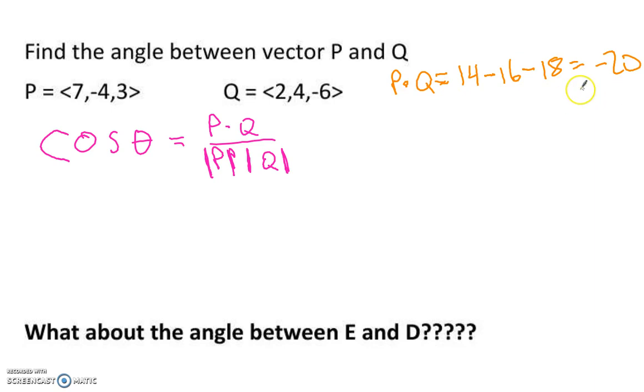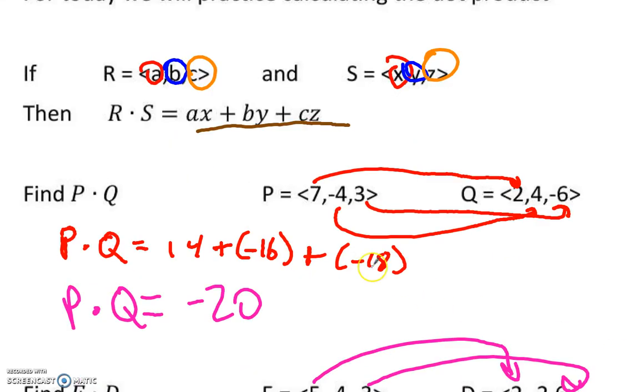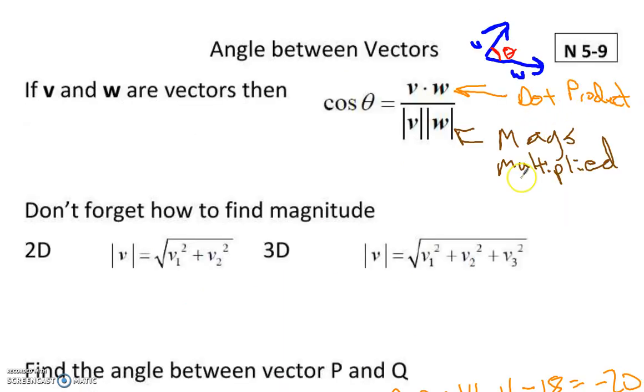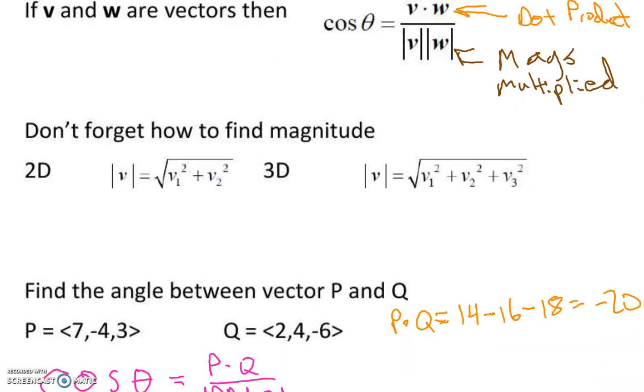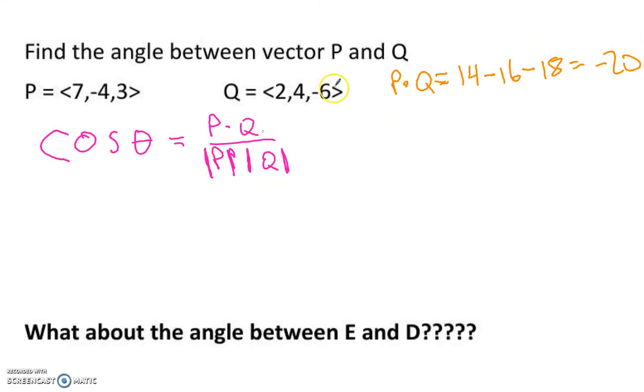I think that's literally the same one I had on the other side, and I just copied it. Good stuff. Okay. One thing you can notice is that on the other side, the way that I wrote it was I wrote plus negative 16, and over here I just wrote minus. That's just me being lazy. It doesn't really make much of a difference. It's kind of your preference. Okay. Alright. So the dot product is negative 20.